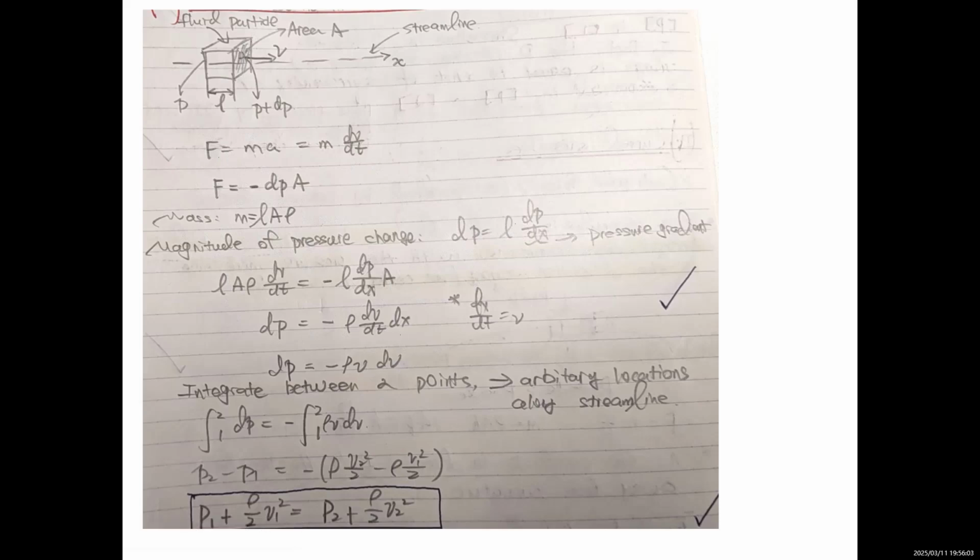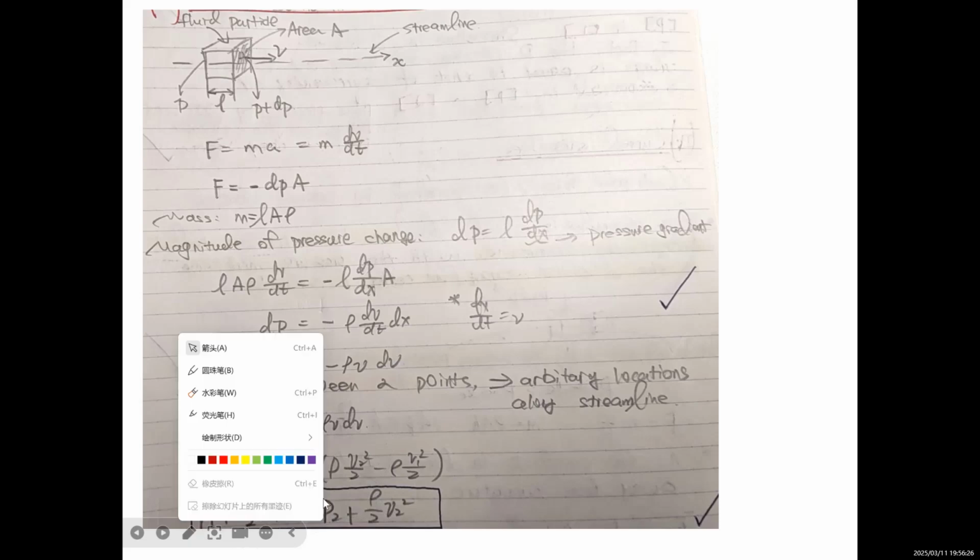Hence now you can integrate between two arbitrary points along the streamline. We call them 1 and 2 respectively, and when you integrate, finally you get the famous Bernoulli's equation, which is P1 plus half rho v1 squared is equal to P2 plus half rho v2 squared. Here it is, the famous Bernoulli equation.